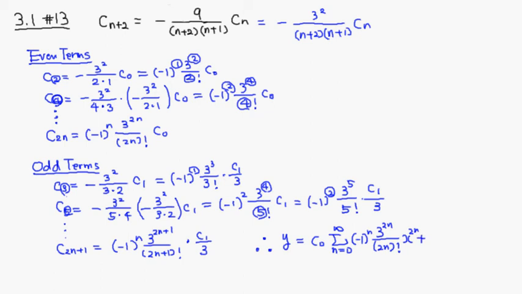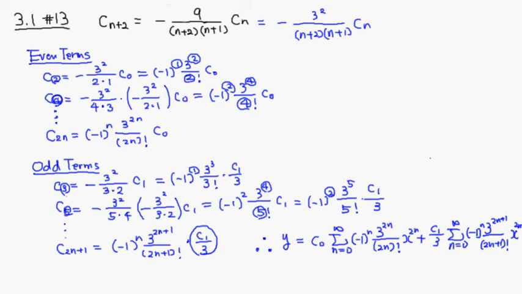Then plus, the constant is C1 over 3. Then you have a summation just like before, from 0 to infinity, negative 1 to the n, then 3 to the 2n+1 power over 2n+1 factorial, then x to the 2n+1.